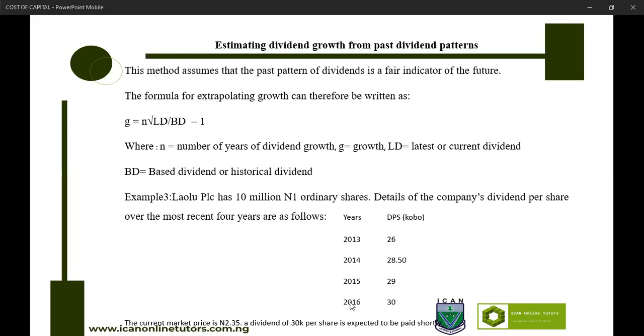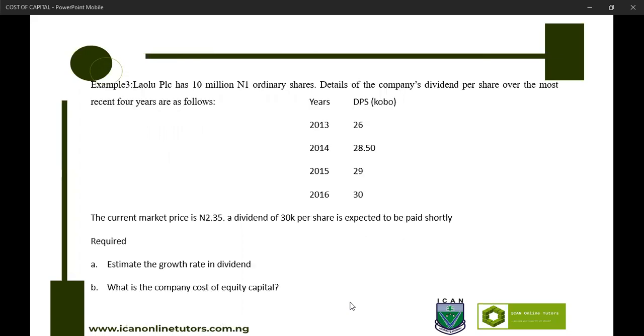Do we get that? Yes. All right, now let's move on. Let's take a look at this sample. We want to calculate the growth in dividend. Laolu PLC has 10 million 1 naira ordinary shares. Details of the company's dividend per share over the most recent 4 years are as follows. We have the years and the DPS, dividend per share, in kobo. 2013, we have 26; 2014, 28.5; 2015, 29; and 2016, 30.